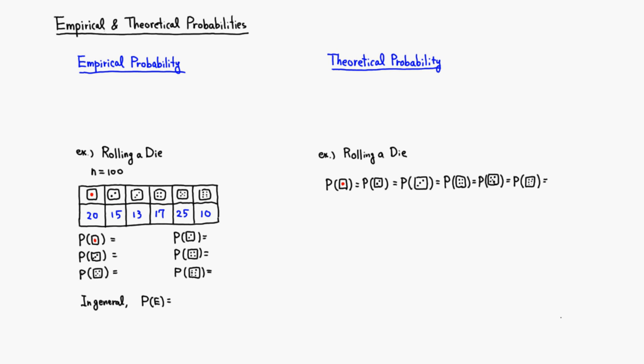All right, let's look at the empirical and theoretical probabilities. Empirical probability is the probability assignment which is based on collected data.